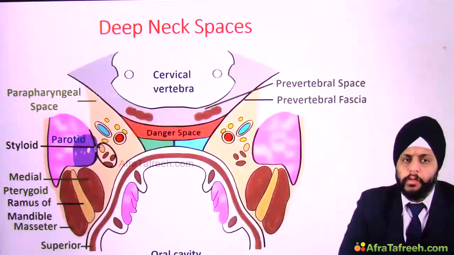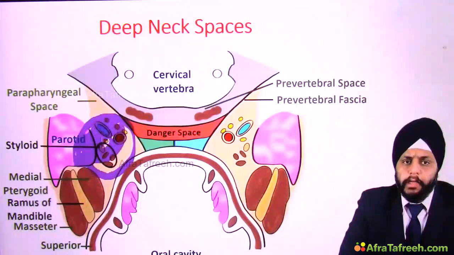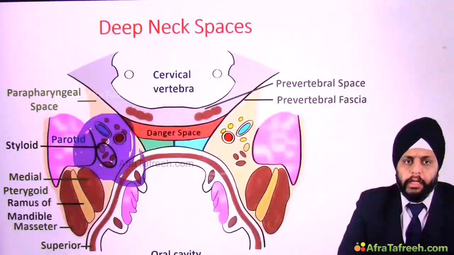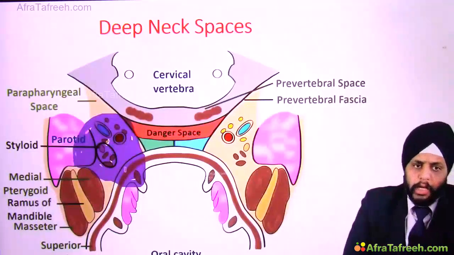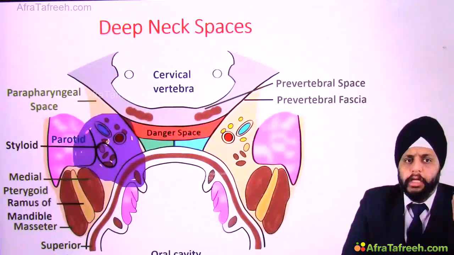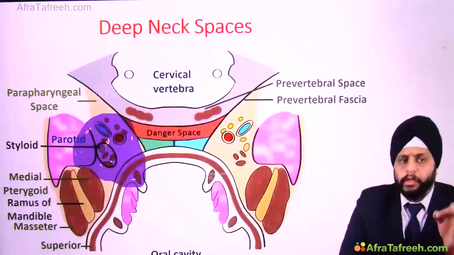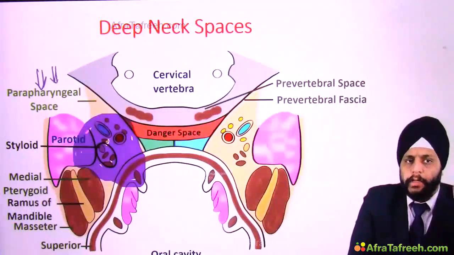This tumor will grow and occupy the parapharyngeal space. Again, it may appear in the lateral pharyngeal wall. This question has also been asked: where will you see the deep lobe of parotid gland tumor? You will see that tumor in the parapharyngeal space.